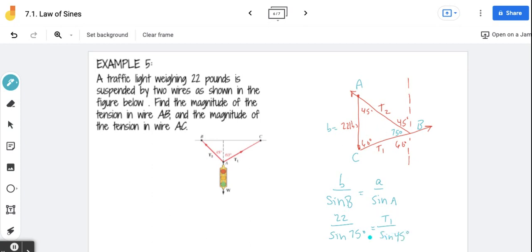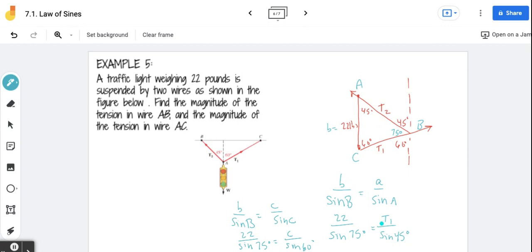All right, and that will allow me to find T1. And then for T2, I could do the same thing. B over the sine of B equals C over sine C. So B is 22 over the sine of 75 degrees is equal to little c over the sine of angle C, which is 60 degrees. All right, then just cross multiply and solve it.